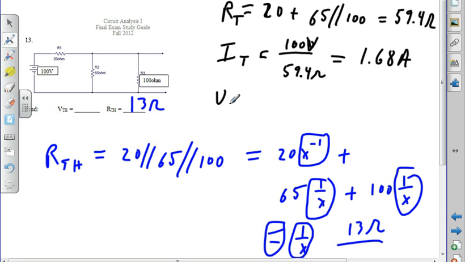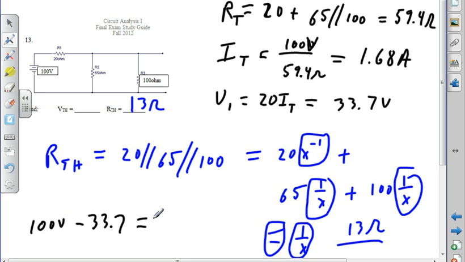The voltage across R1 is going to be 20 times the current total, 33.7 volts, and then 100 minus 33.7 is 66.3 volts, which would be the voltage Thevenin, but I don't have that many significant digits, so I would go with 66.